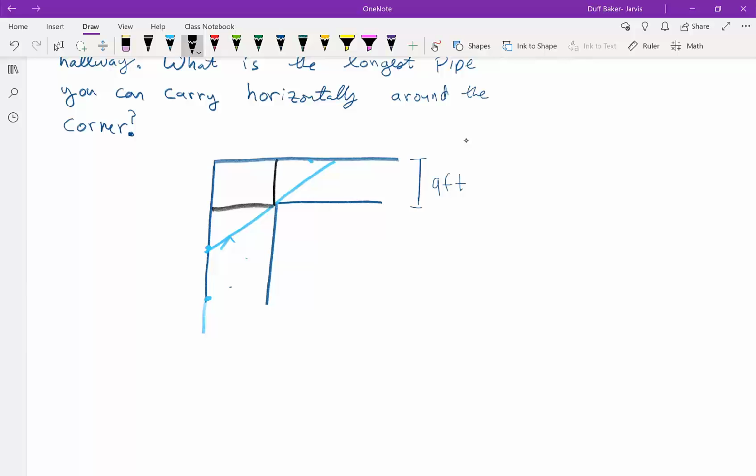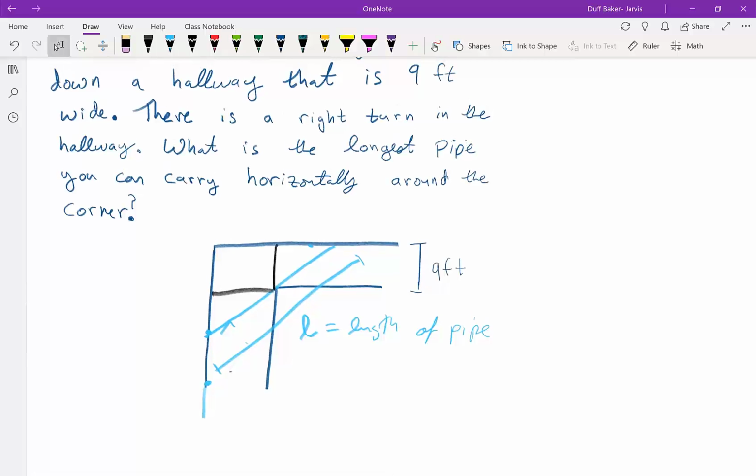And so we're going to call the length of this entire blue line L. So the length of the pipe is L. And the other thing that changes as we move around the corner, we can think of that as changing the angle here. So that'll be the same as this angle here.